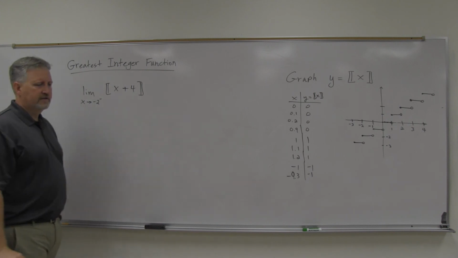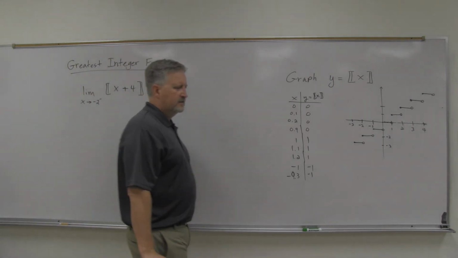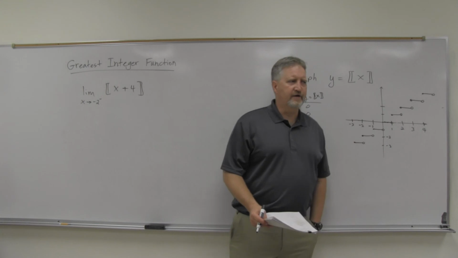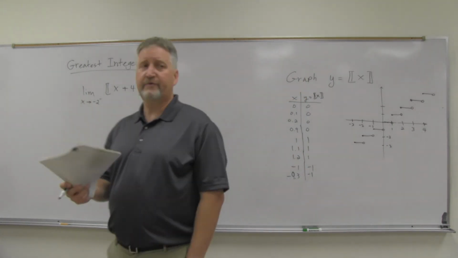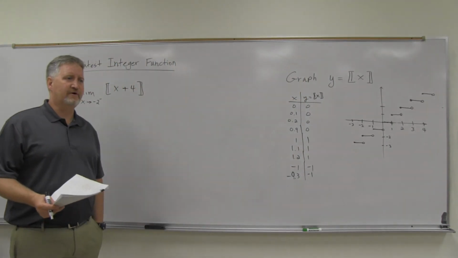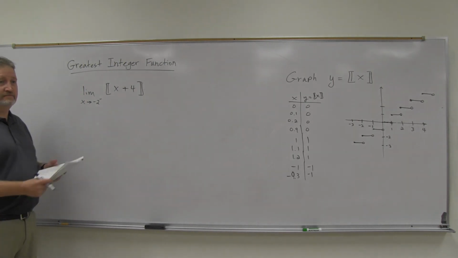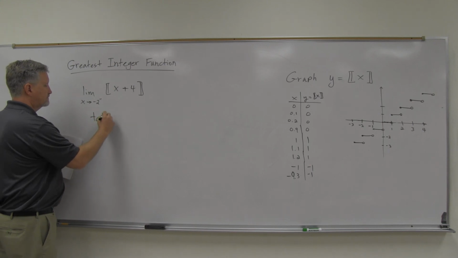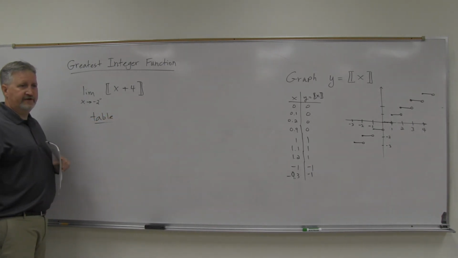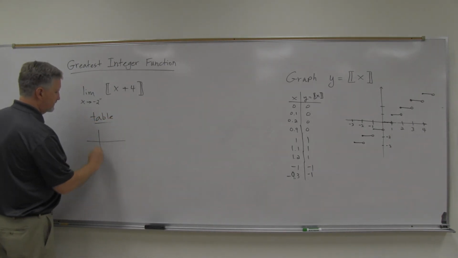There's not a nice little technique of getting rid of the greatest integer bars. I would just suggest, let's look at a table. See if we can find pretty good evidence there. Just use a table like we did before.